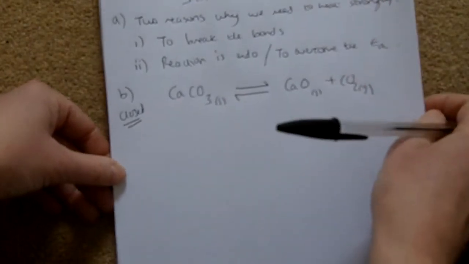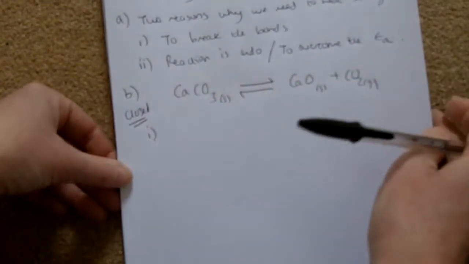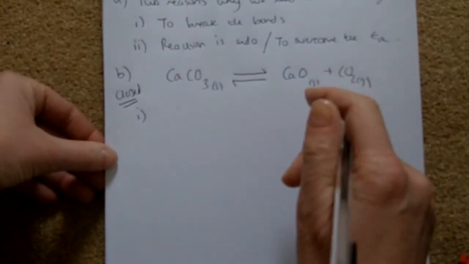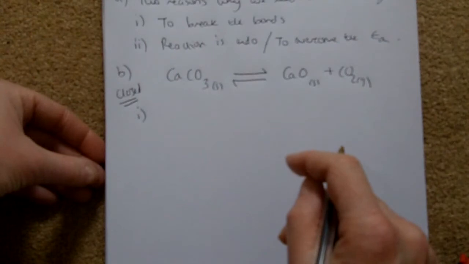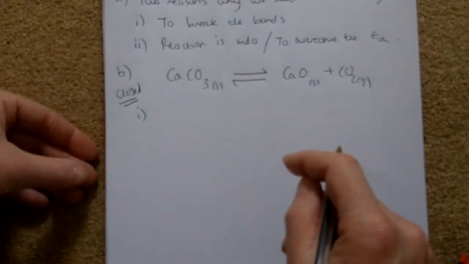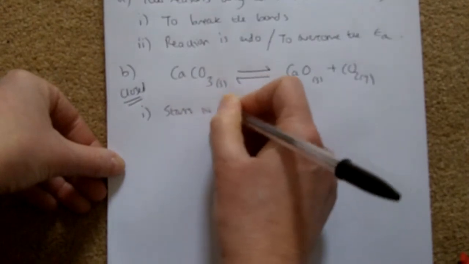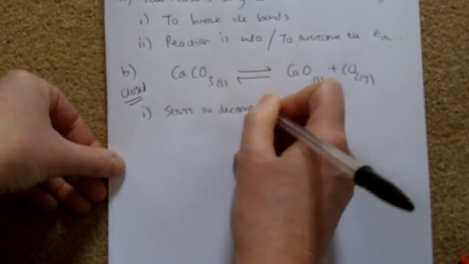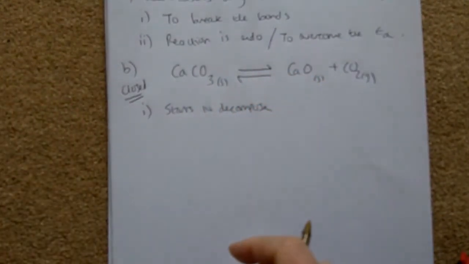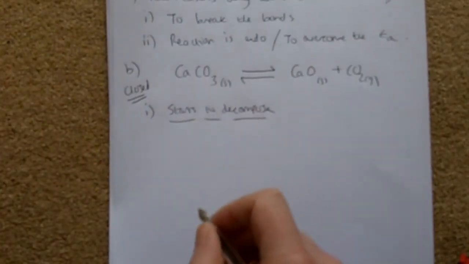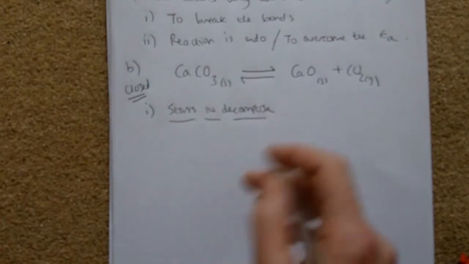Okay, this is part 1. What can you say about the rates of the forward and reverse reactions when the calcium carbonate starts to decompose? So not at equilibrium, when it starts to decompose.